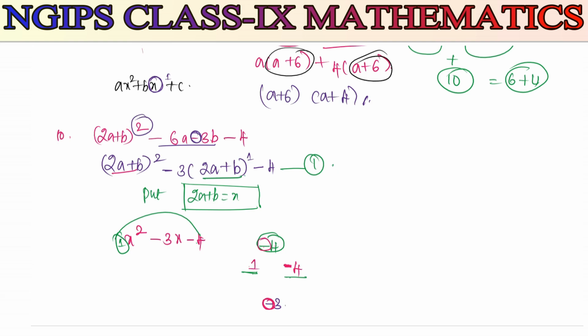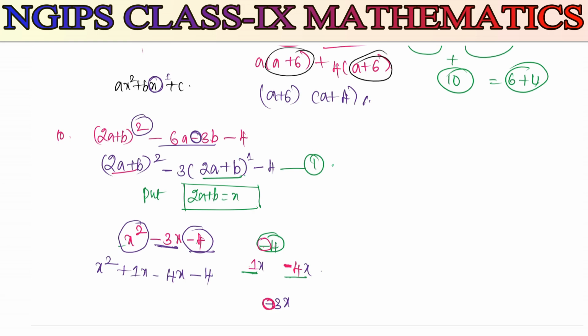The numbers are 1 and minus 4. You have to remember, the first term and the last term are going to be carried the same, only the middle term we need to split. Instead of minus 3x, I am going to replace it as 1x and minus 4x. So plus 1x minus 4x, and already we have minus 4.